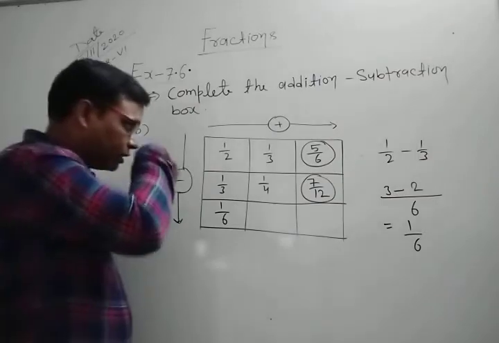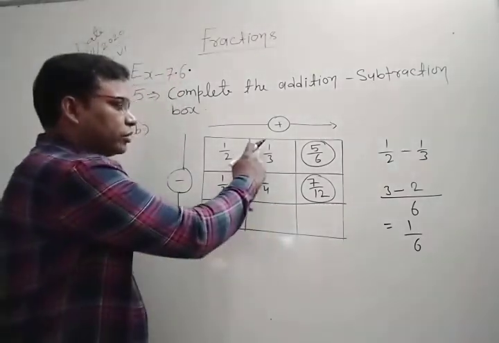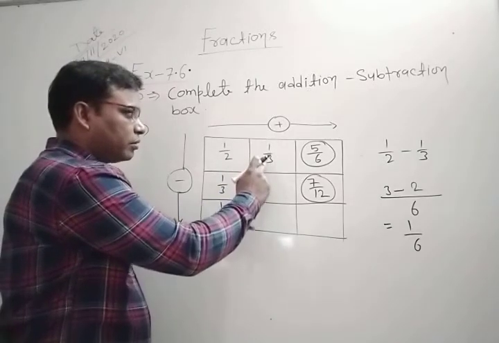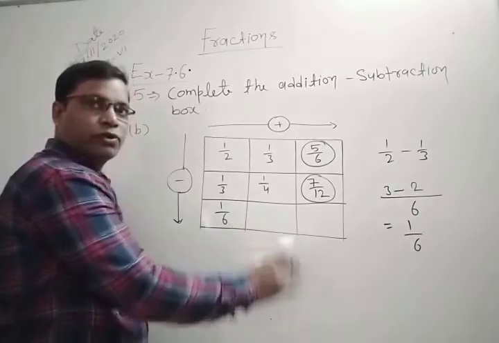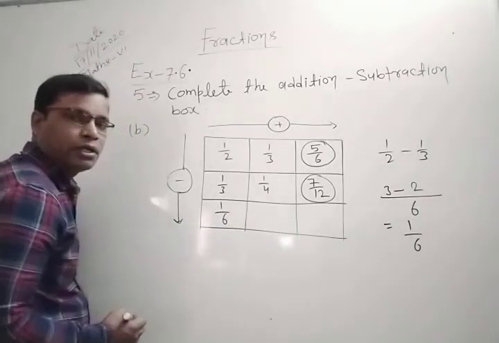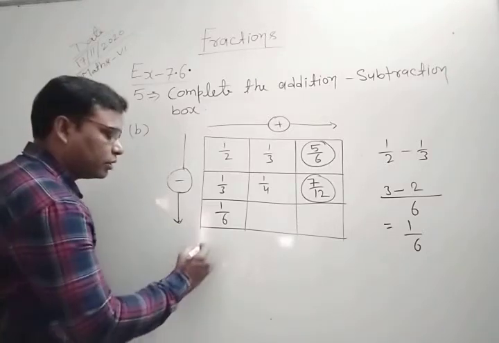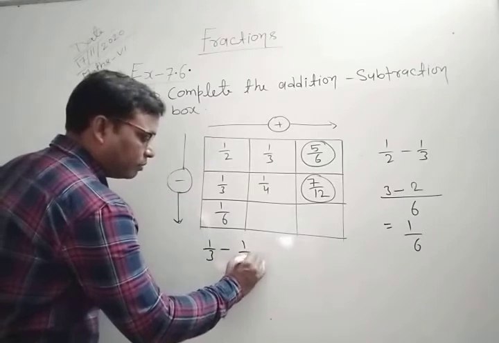Okay. Now for this bracket, if you subtract 1 by 4 from 1 by 3, you can write the result here. Okay. So let's see what the subtraction between 1 by 3 and 1 by 4 is. So here you write 1 by 3 minus 1 by 4.